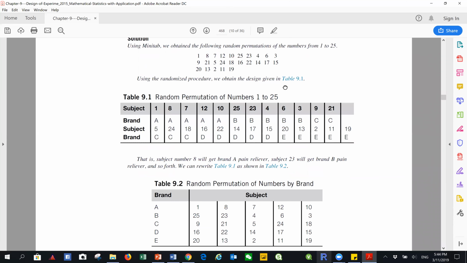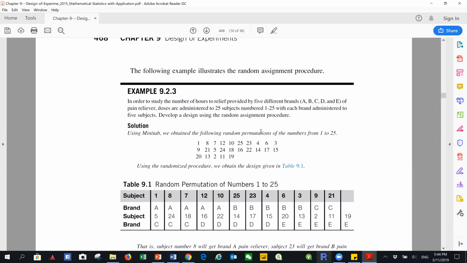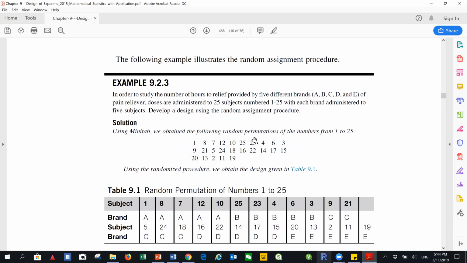One example would be here. We have one factor with 5 levels, A, B, C, D, E, of pain reliever. Then doses are administered to 25 subjects, numbered 1 to 25, with each brand administered to 5 subjects.